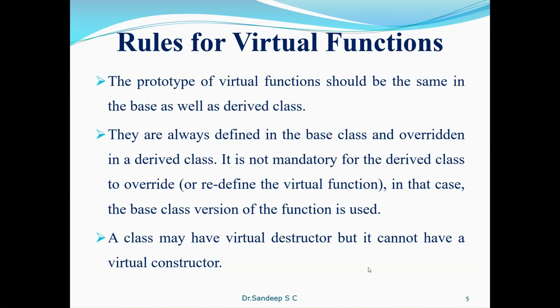If there are two functions, one in the base class and one overridden in the derived class, then during runtime, depending on what pointer is calling the function, the appropriate function is invoked. If the function is not overridden in the derived class, then automatically the base class function is used, even though it is defined as virtual.